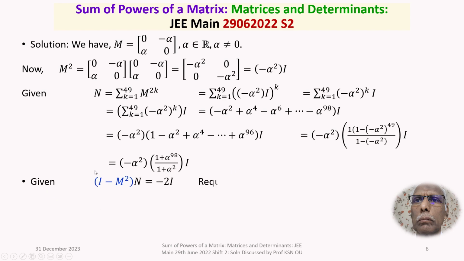Now we are given (I minus M square) multiplied by N is equal to minus 2I. We are required to find the positive integral value of alpha. Let us see what is I minus M square.